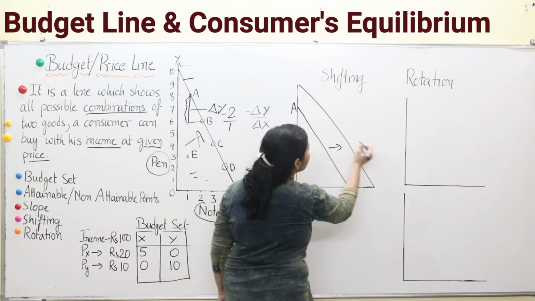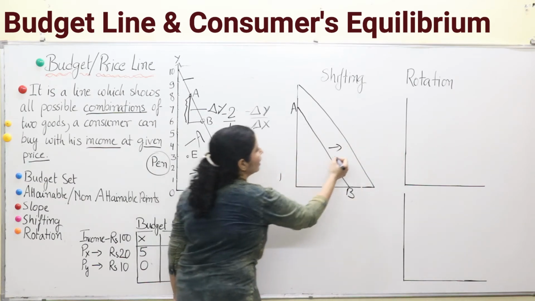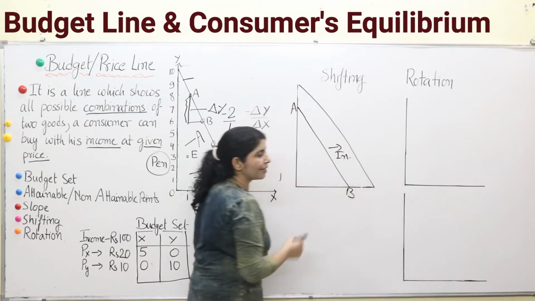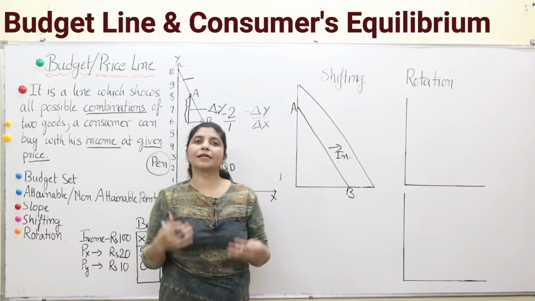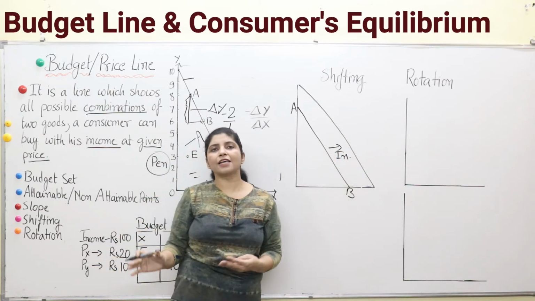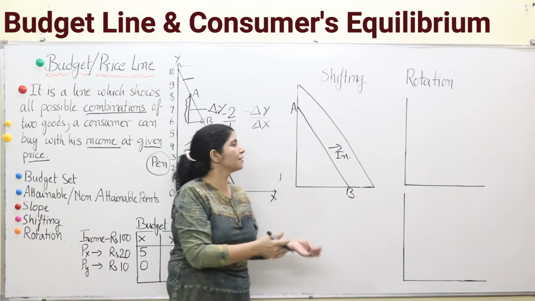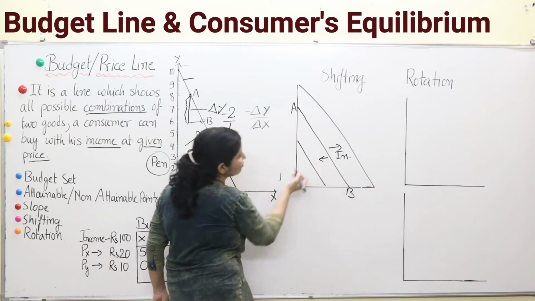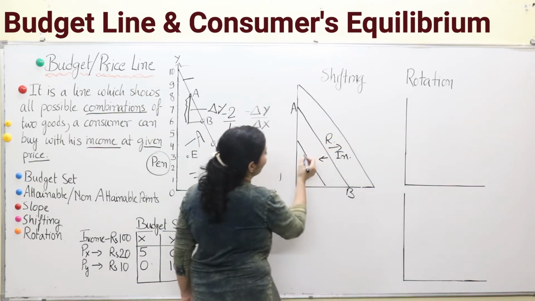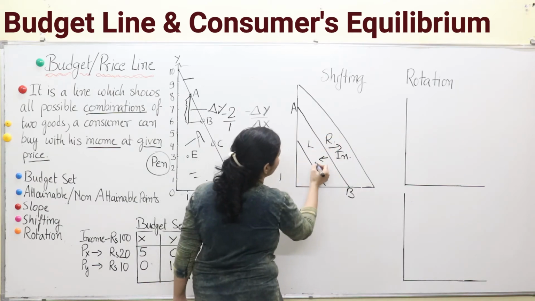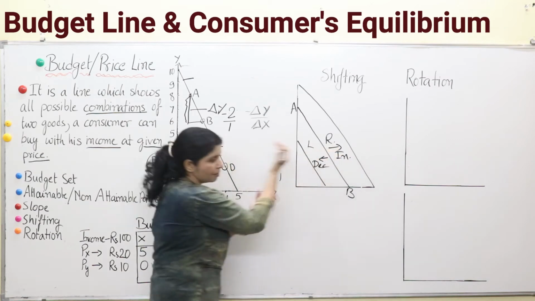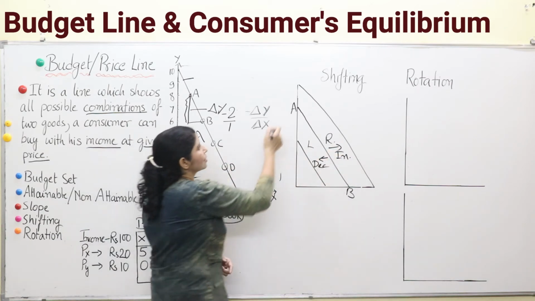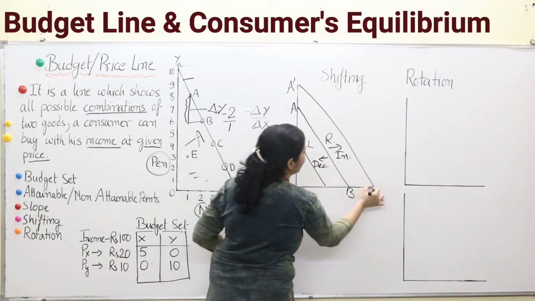Now if your income decreases from 100, say to 50 rupees, your price line will shift towards left. R for right and L for left. In case of decrease, your price line will shift. So this is A dash, B dash.